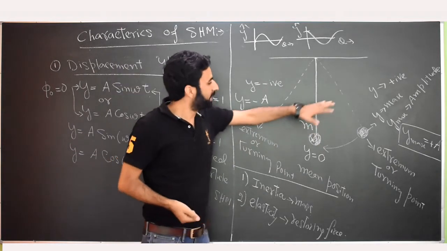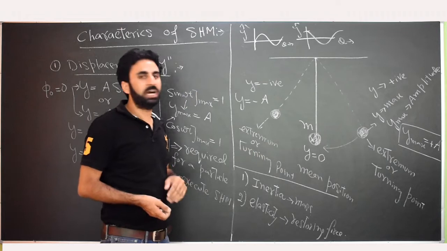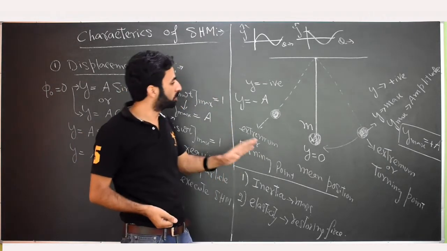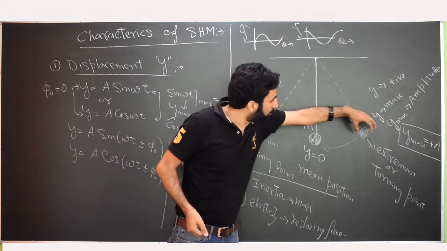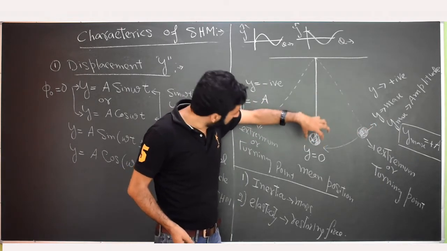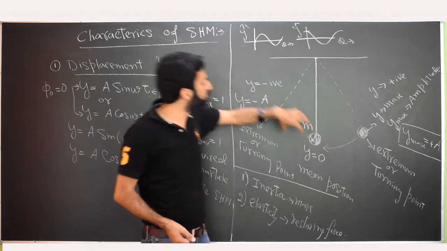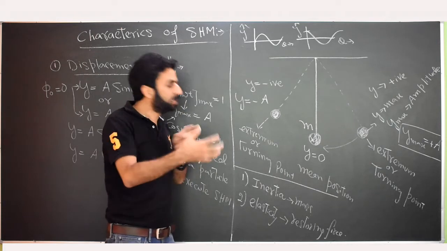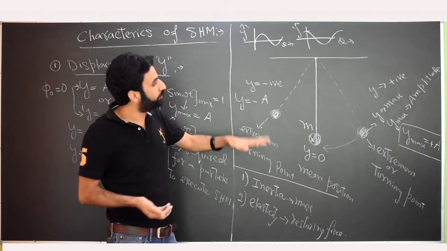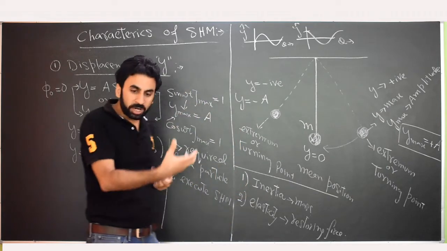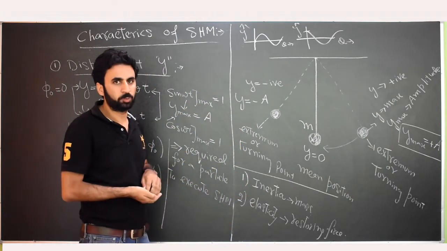So both restoring force and inertia are required for a particle to execute simple harmonic motion. Restoring force brings the body back to its mean position, and inertia makes the body move from the mean position to the extreme position. So this continuous tussle between restoring force and inertia is responsible for a particle to execute simple harmonic motion.